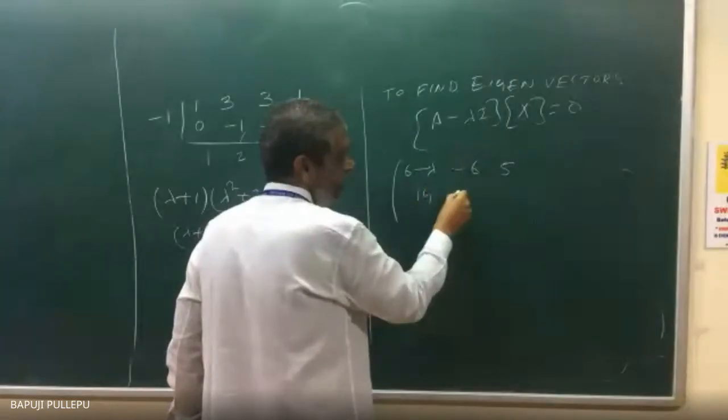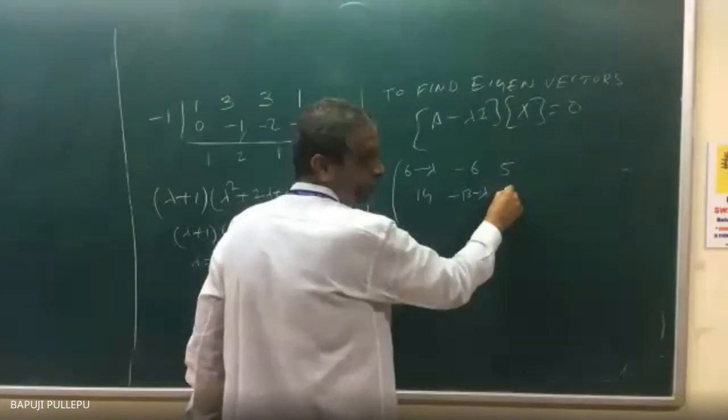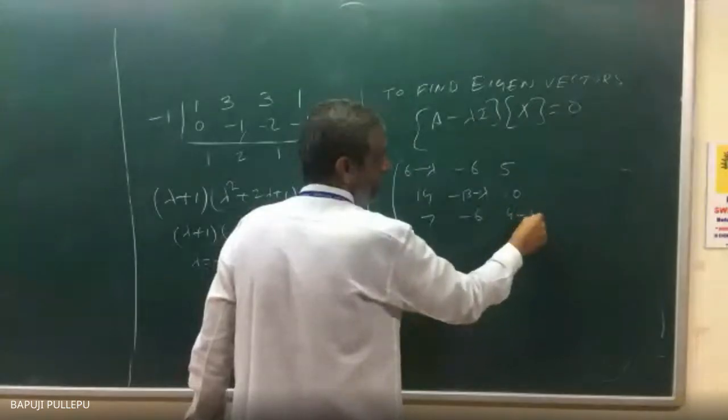Then minus 6, 5. Second row, 14, minus 13, minus lambda, correct? This fellow, 10. Third row, 7, minus 6, 4 minus lambda, correct? Correct or not?